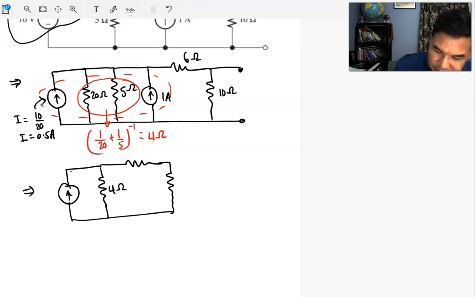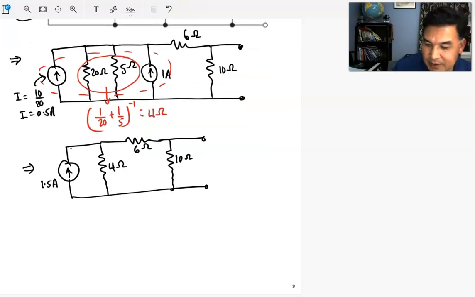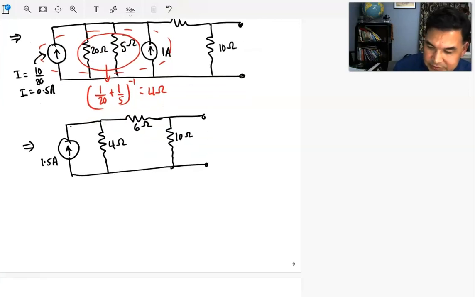Now this is 1.5 amps, 1 amp and half an amp, 0.5, because they are in the same direction. If they were in opposite directions, then you have to subtract, it depends on the situation. Remember, our main objective here is to figure out the voltage across the 10 ohm.